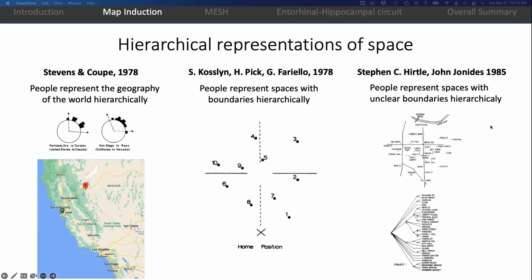Similarly, people represent spaces with unclear boundaries also hierarchically. If they have subjective clusters that they've formed of spaces, they're underestimating the distance between spaces in the same clusters and overestimating the distance between spaces in different clusters.